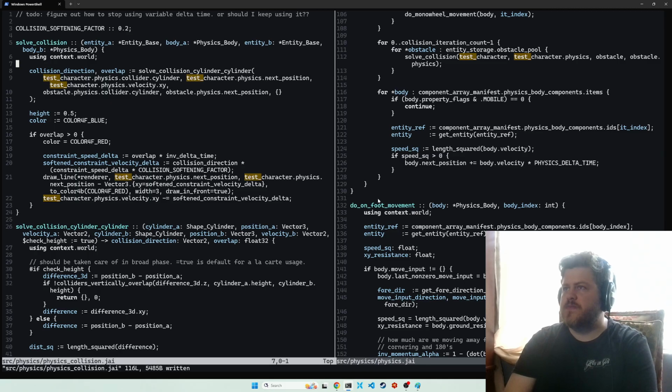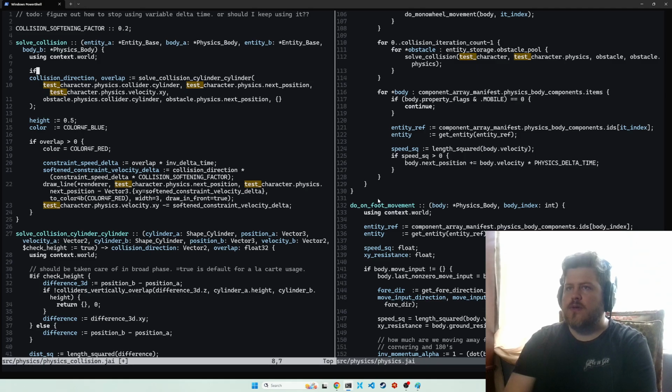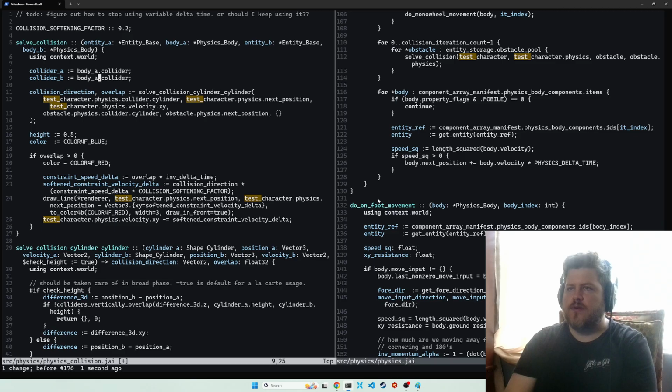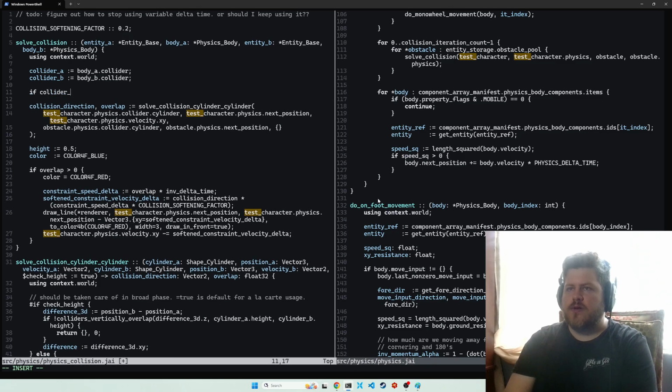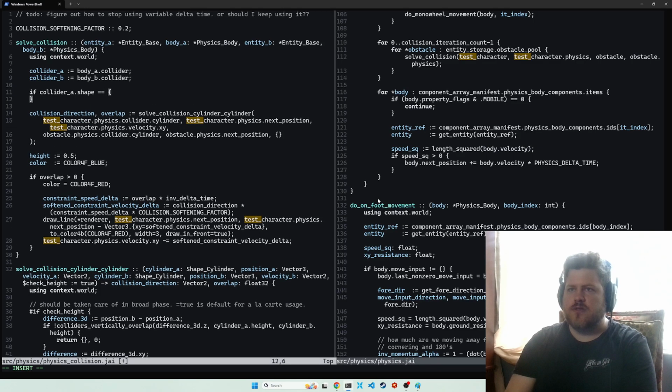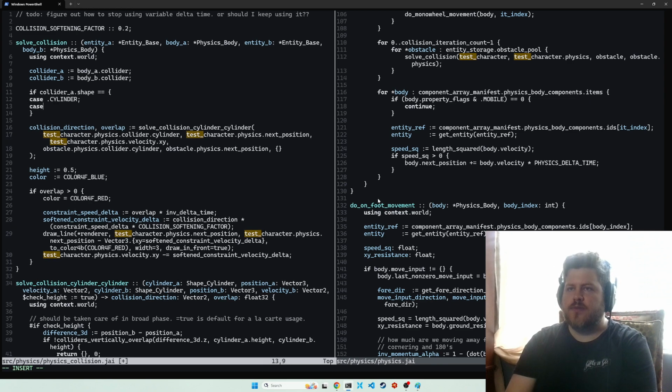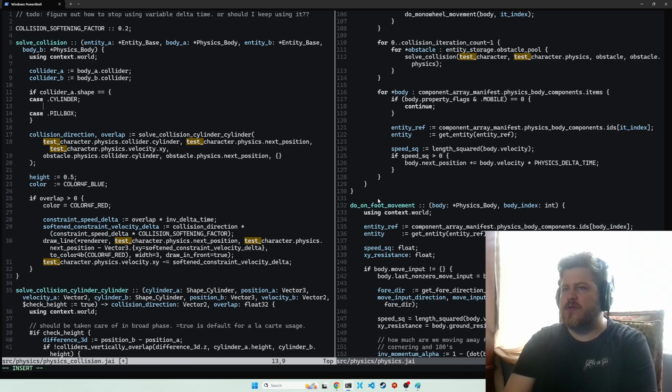let's see. So collider A is body A collider, and same thing with B. Oops. If collider A dot shape is equal to, first is cylinder, and the other is pillbox, which is a bad name, but it's a good name because it works.